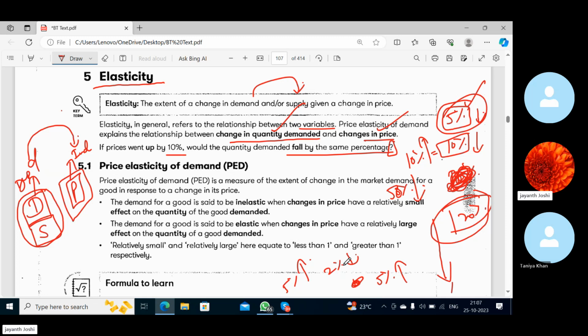You generally see that in the case of certain essential goods, which we need very essentially in our life, right? Even though the price is increasing, we won't compromise on such goods.